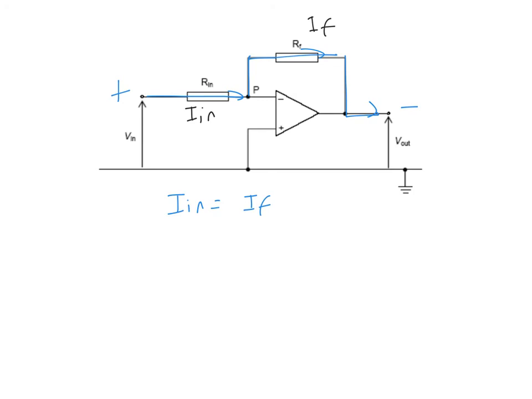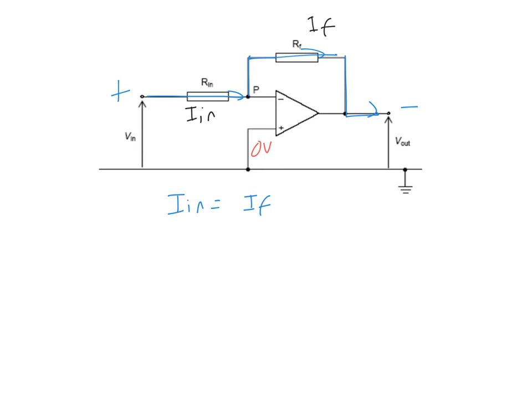Alright, then I'm going to introduce to you a concept called virtual earth. So what is virtual earth? Since your non-inverting input is 0 volts because it is earthed, and if you don't want the op-amp to saturate, remember the two inputs must be very similar because your gain is very big. So if you don't want the op-amp to saturate, these two must be almost the same potential.